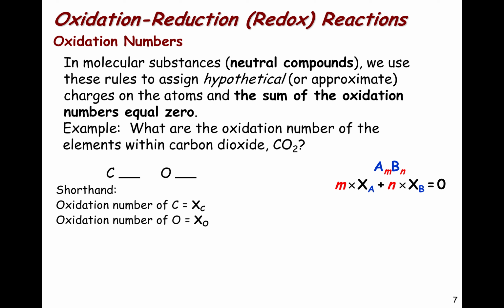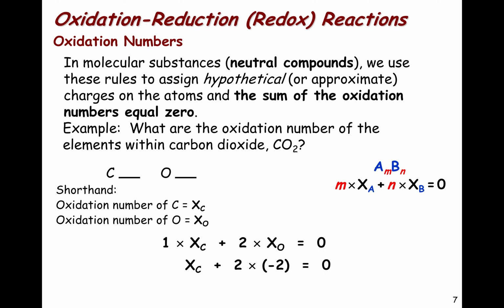So in this particular case, we can say that the oxidation number of carbon is given the variable X subscript C, whereas the oxidation number of the oxygen is given the symbol X subscript O. And so there's only one carbon atom times whatever its oxidation number is. There are 2 of the oxygens times whatever its oxidation number is, and that's got to equal 0.